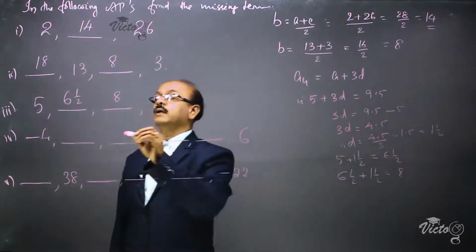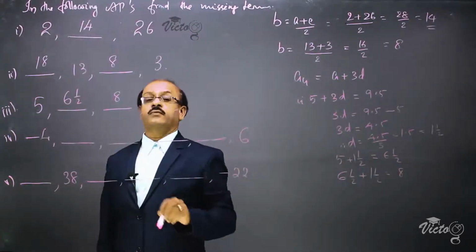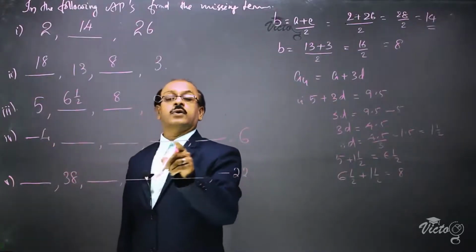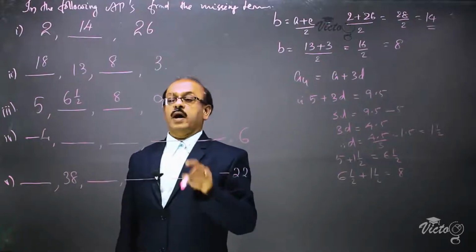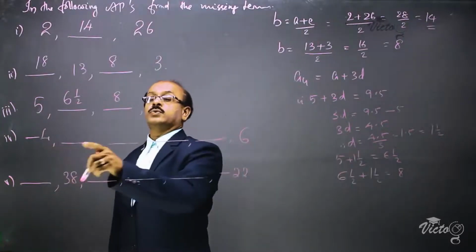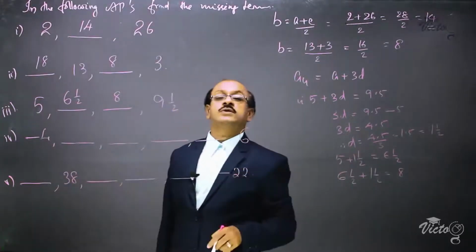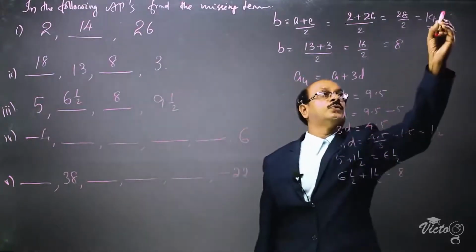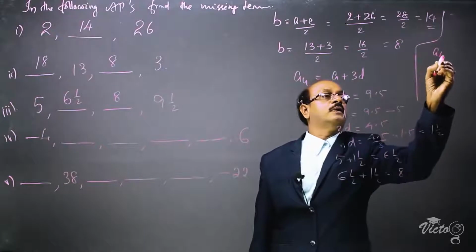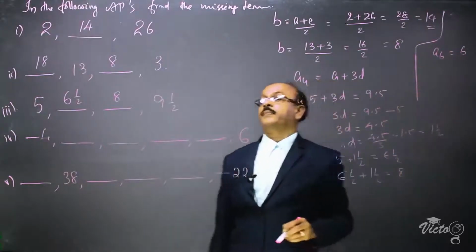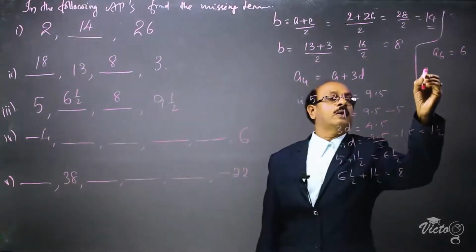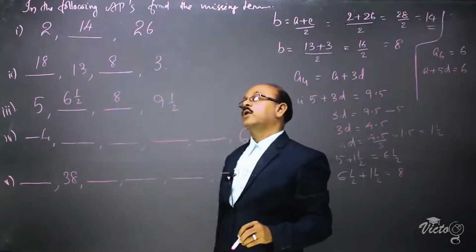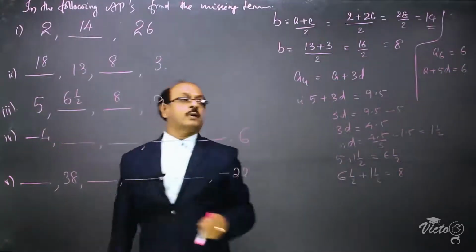Now for the fourth question, we know the first term, and the second, third, fourth and fifth terms are unknown. The sixth term A6 is known: A6 is equal to 6. That means A plus 5D is equal to 6, but the value of A is minus 4.